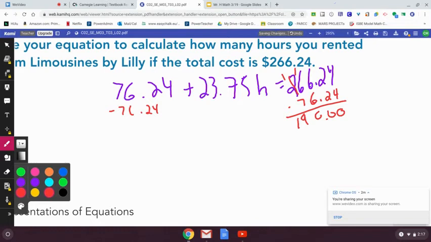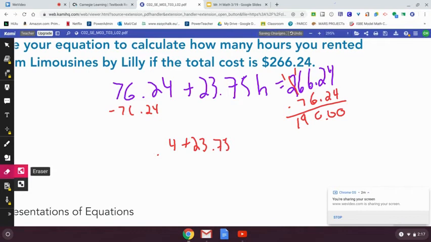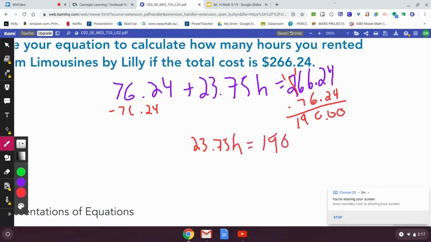So we're left with 23.75H equals 190, and this part is gone, right? And now think undo order of operations. 190 divided by 23.75 is going to give me 8 hours.